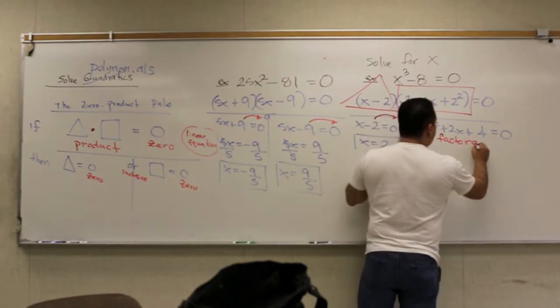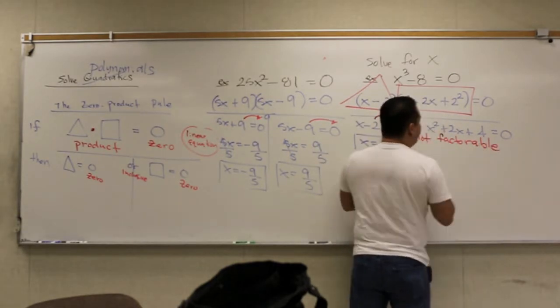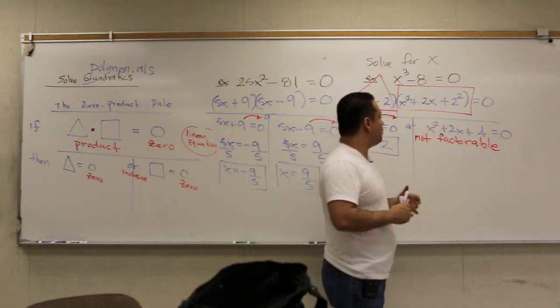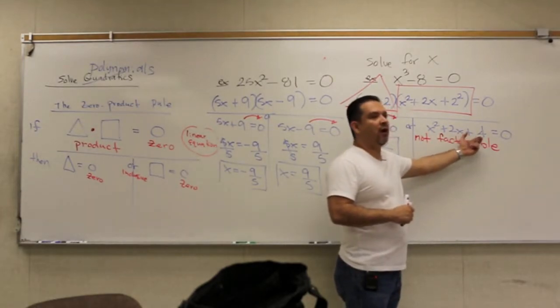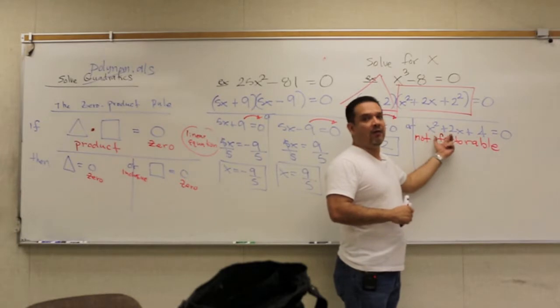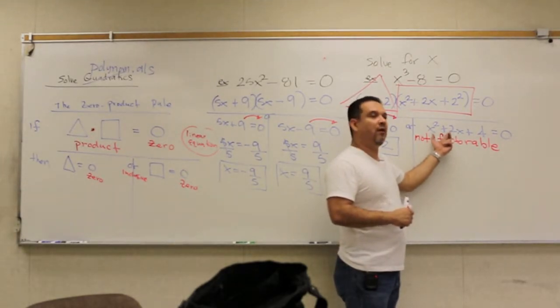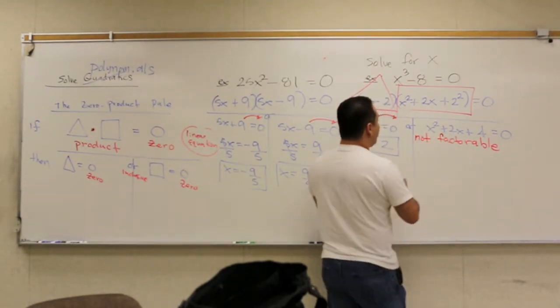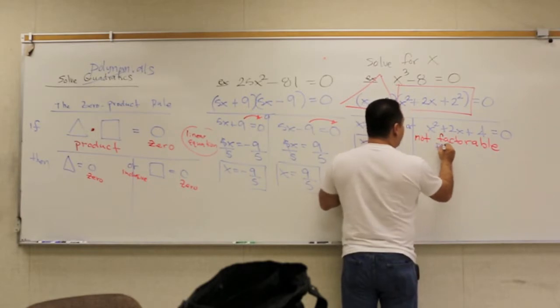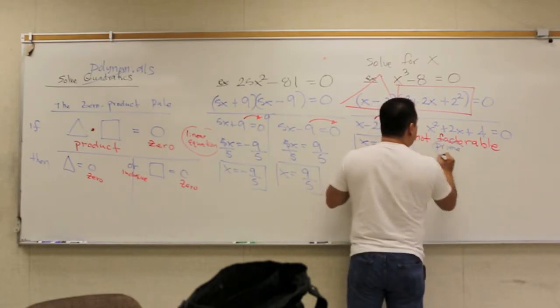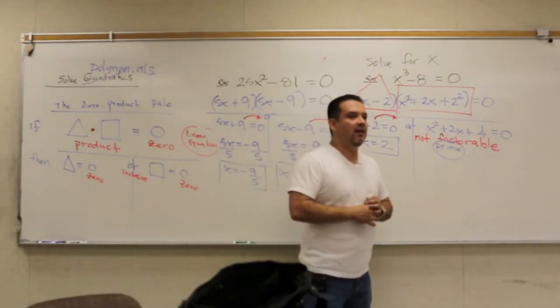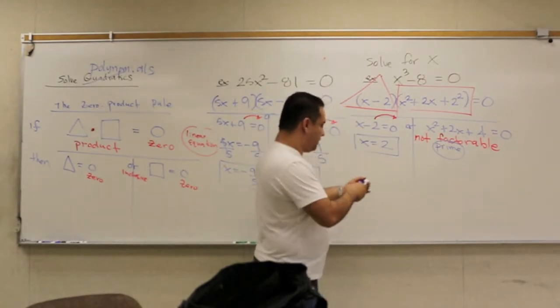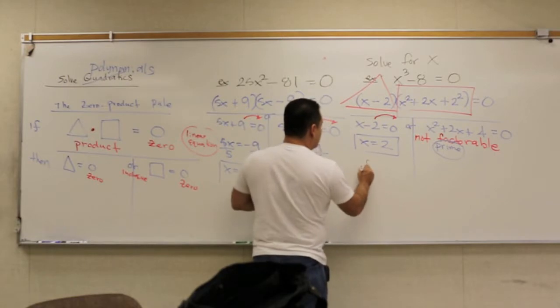Not factorable. Good. Now, if you didn't know that, you try to use chicken soup, you go, oh, multiply together two numbers whose product is 4, whose sum is 2, you'll never find a pair. It won't. You're right. This is always what? Prime. So, here's what this means. If you're in Math 115, your answer is just a single value, what? 2.